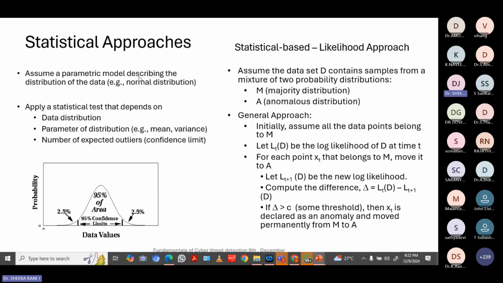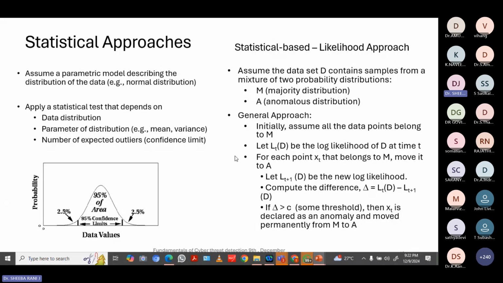Next, statistical approaches. We look at the data distribution and its parameters: the mean and variance. Then we define the possible number of expected outliers. Based on a 95% confidence limit, the deviation will be 2.5% on each side. The likelihood approach is one of the important statistical approaches. These are all very crude, conventional ways.